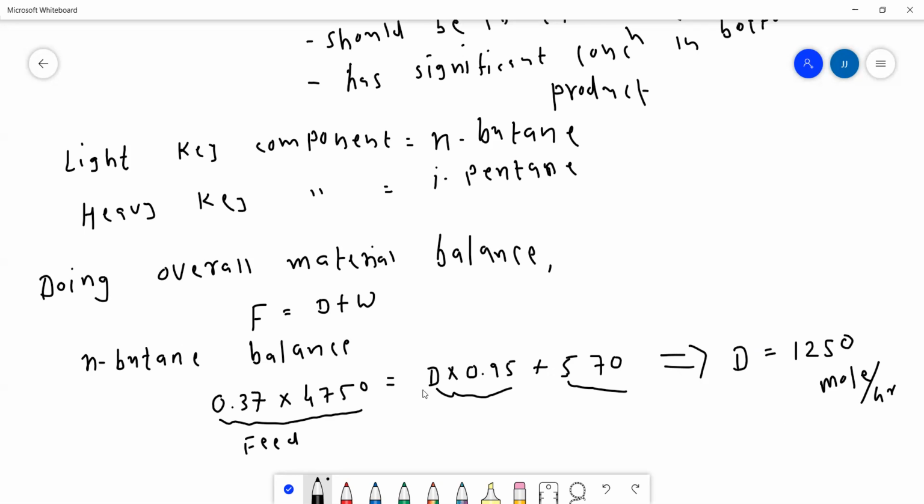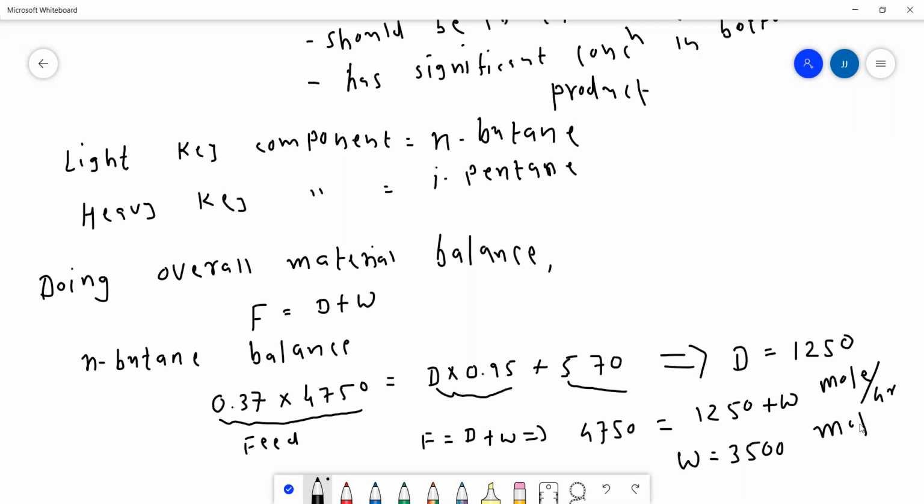So now F is equal to D plus W, which implies that F is 4750, which is equal to D, 1250, plus W. So W will be 3500 mole per hour.